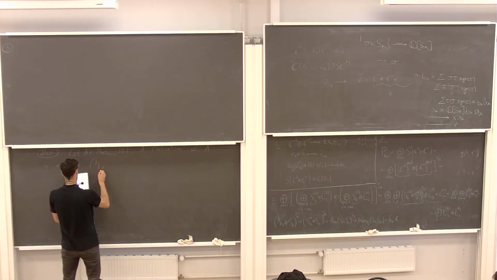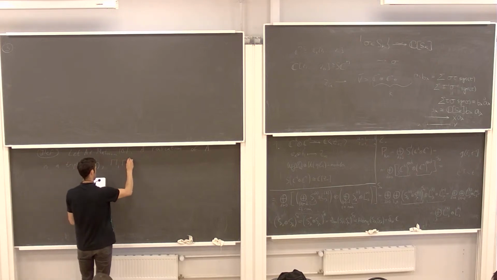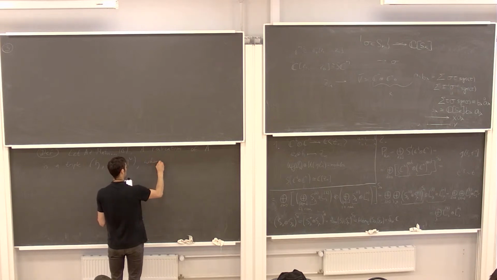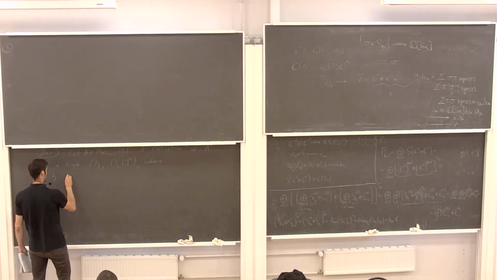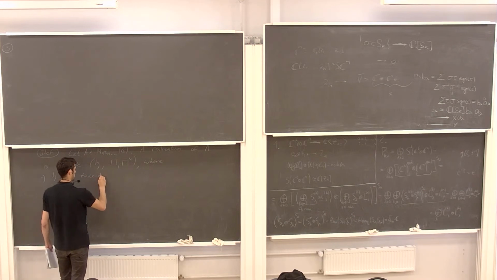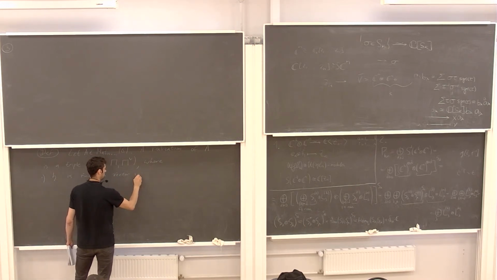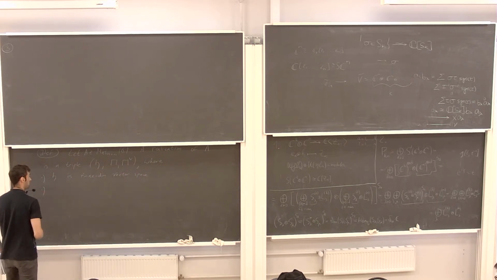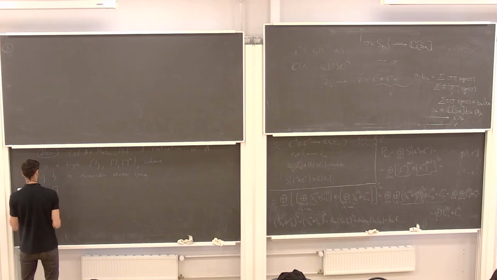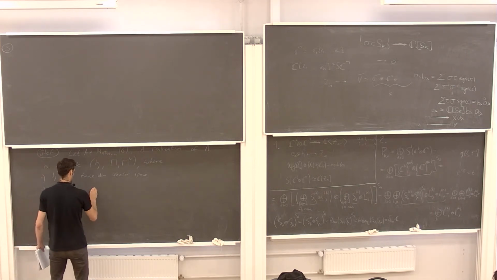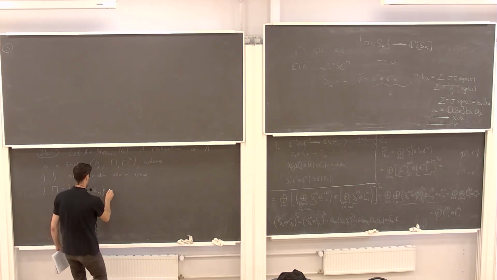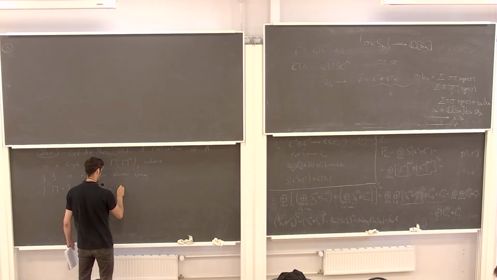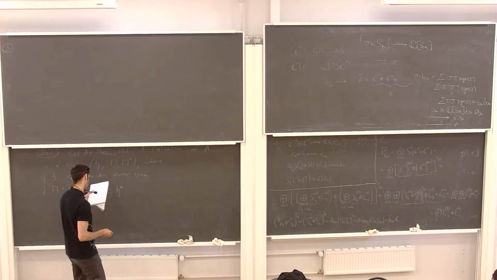It consists of the following: H, pi, and pi check, where H is a finite dimensional vector space, and pi is some set alpha 1 to alpha n, inside H star, and this is a linearly independent subset.